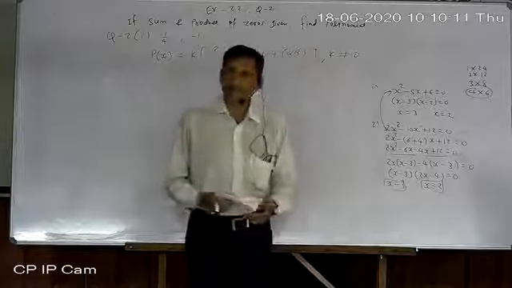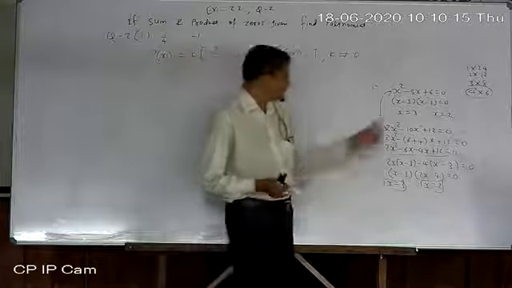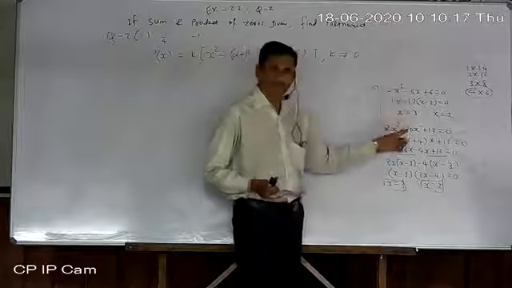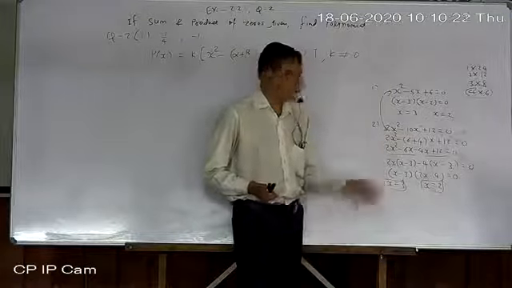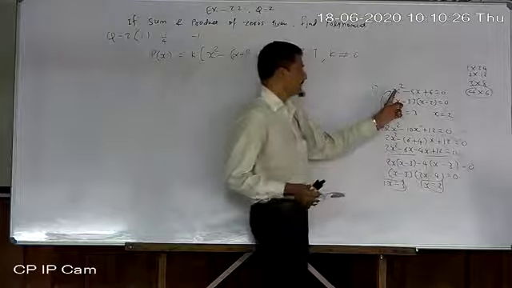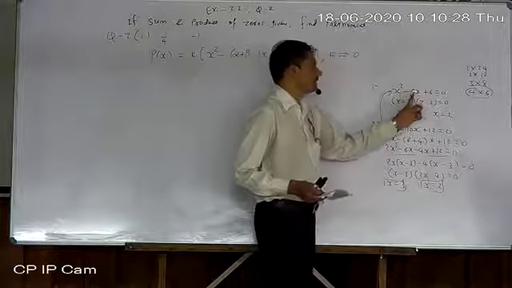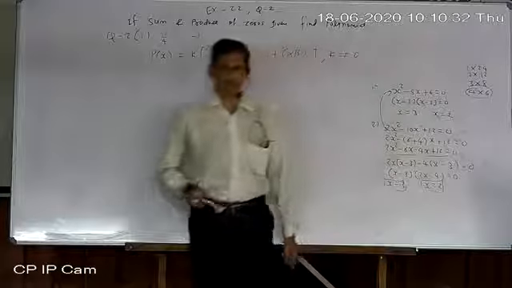Can you notice anything? The second equation is a multiple of the first one. The second equation is twice the first one. All terms are twice. So what happens? The answer will be the same only. Suppose you are given 3x square minus 15x plus 18, then also the answer will be 3 and 2 only.